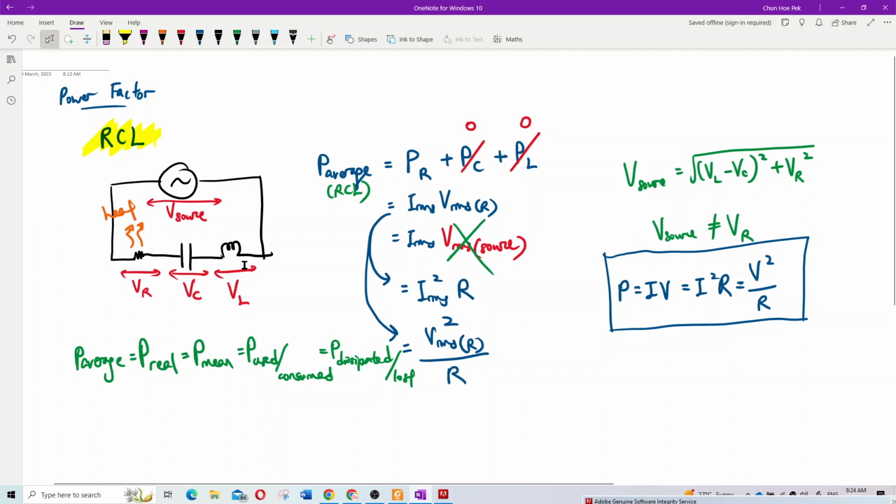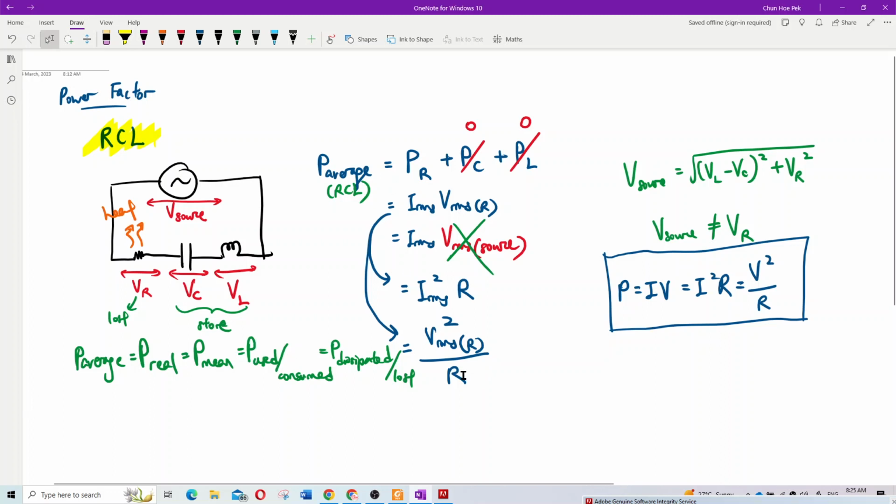Power is not lost in the capacitor and inductor because these two can store energy. So power does not get lost in the capacitor and inductor. Power is only lost here. Understand, class?